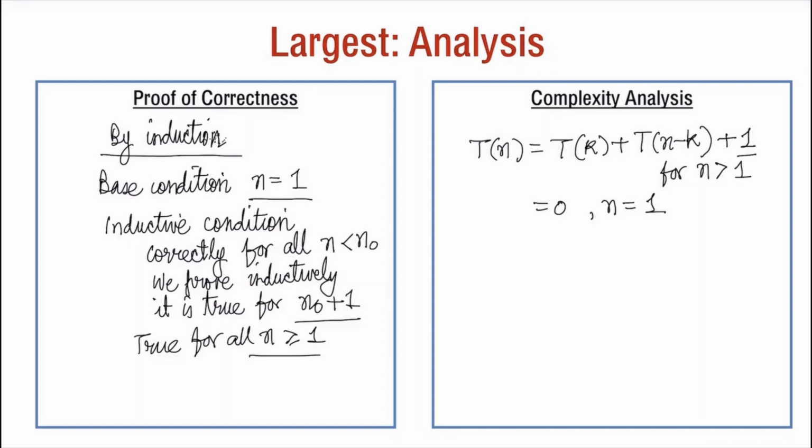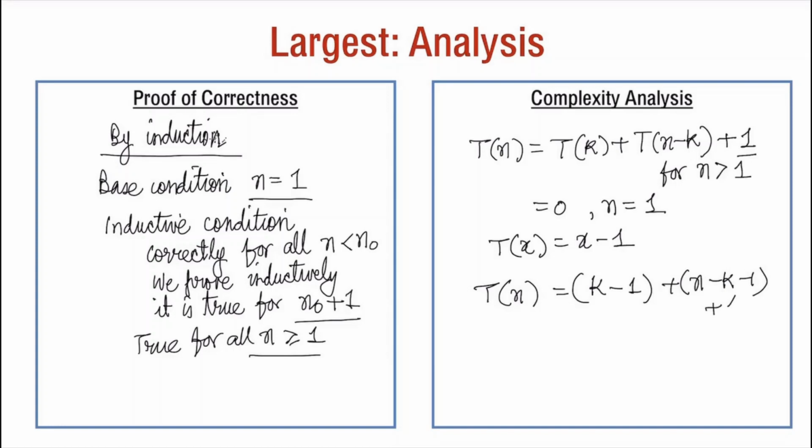And you can substitute Tx equal to x minus 1 in this equation, and you will get Tn is equal to k minus 1 plus n minus k minus 1 plus 1, which will yield n minus 1.